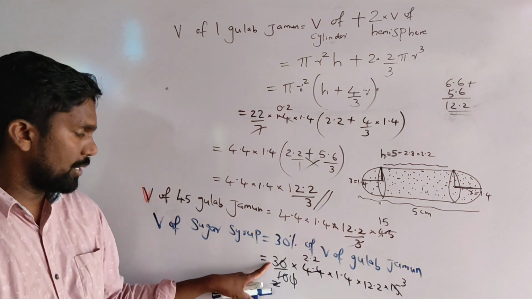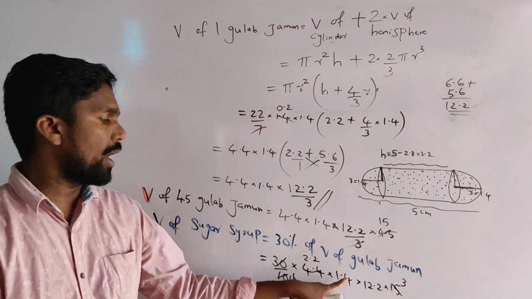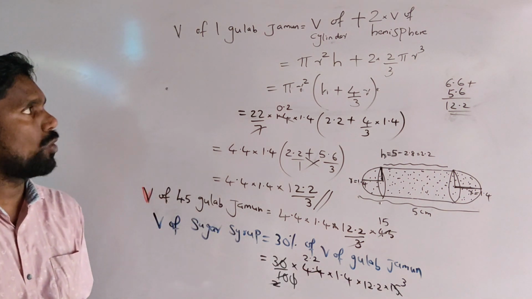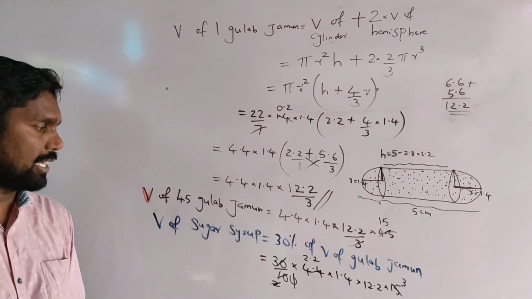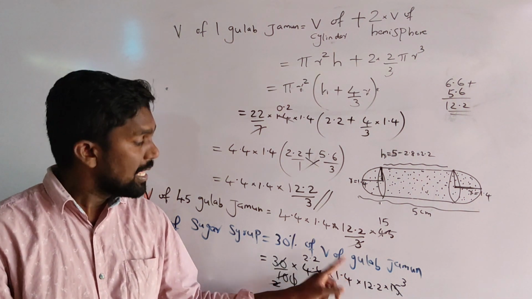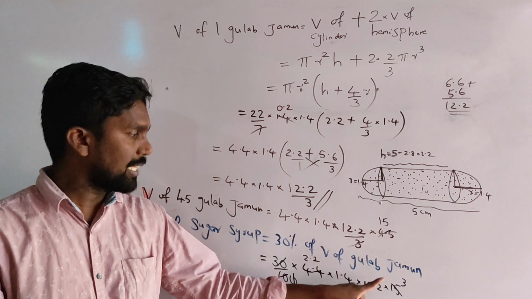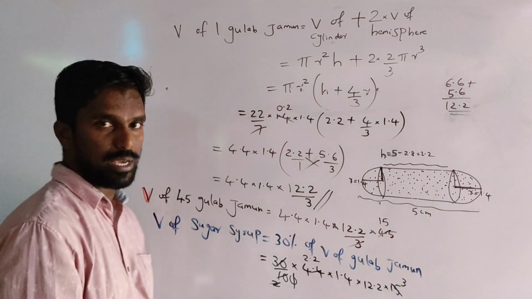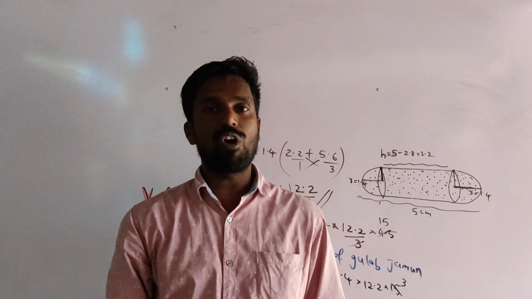So 3 into 2.2 into 1.4 into 12.2 into 3, that is the volume. You can do the calculation: multiply 2.2 into 1.4 first, then multiply 12.2, then multiply 3 into 3, 9. So that is the volume of the sugar syrup, and we got the answer.